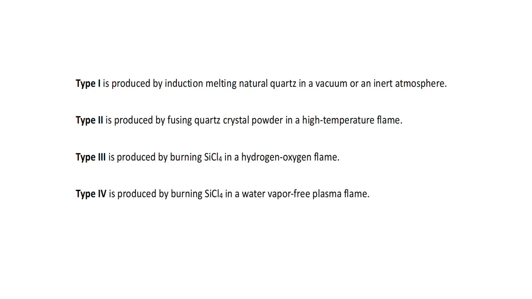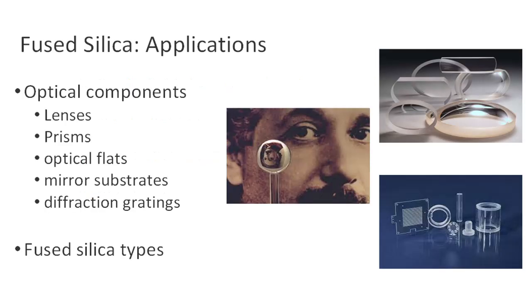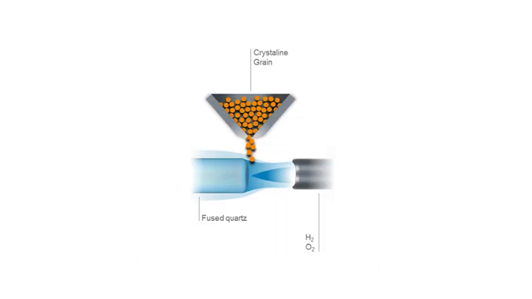The melting point of silica is typically around 2200 centigrade, and this process is achieved using either an electrically heated furnace, called electrically fused, or a gas-oxygen fueled furnace, called flame fused.